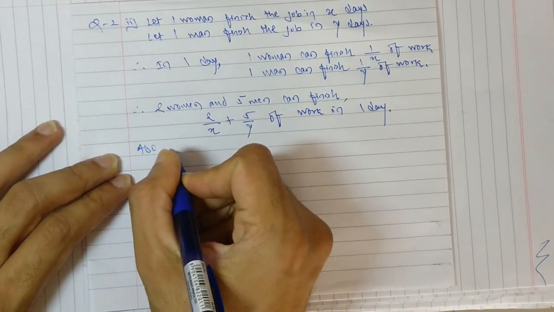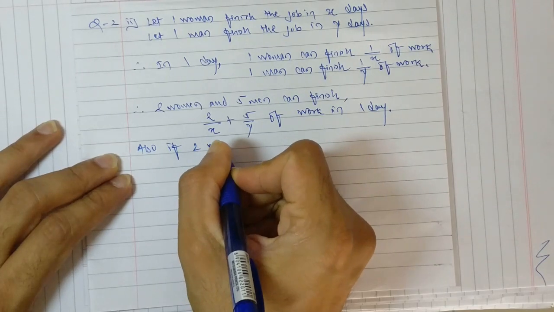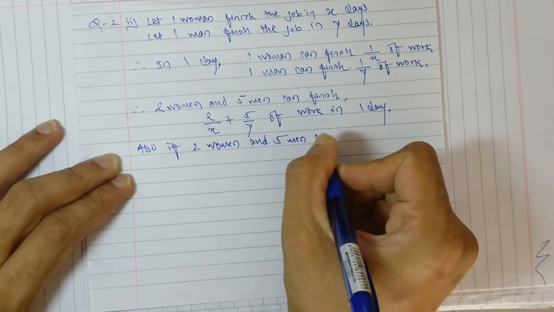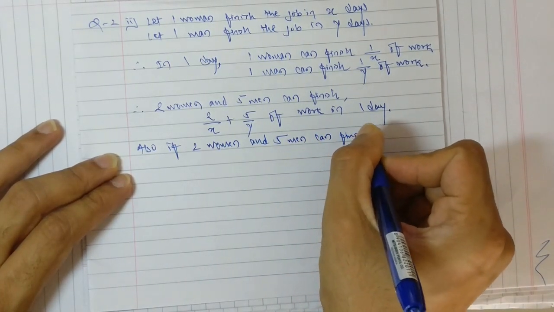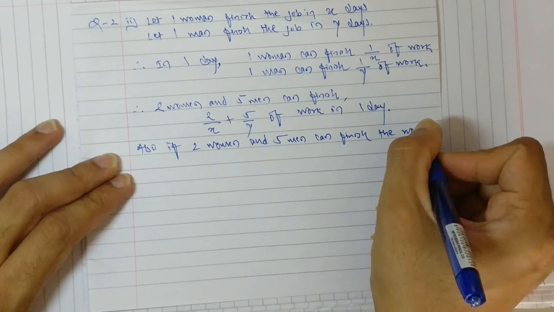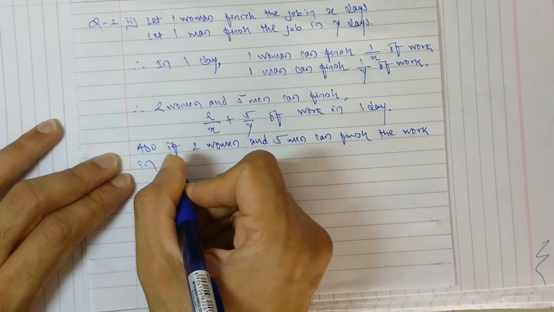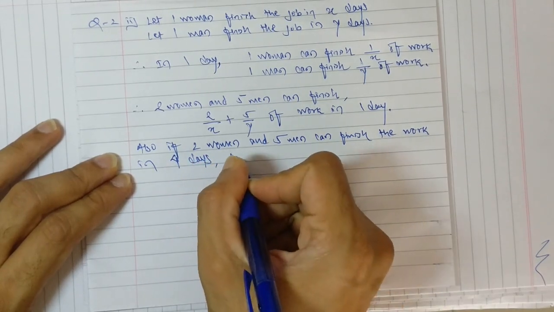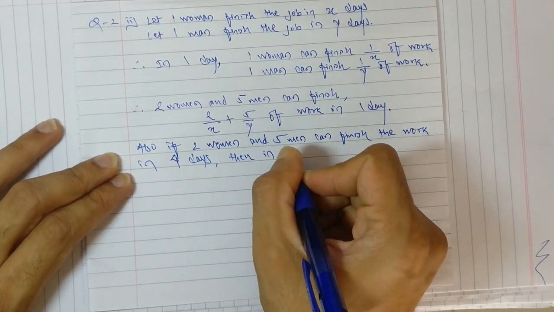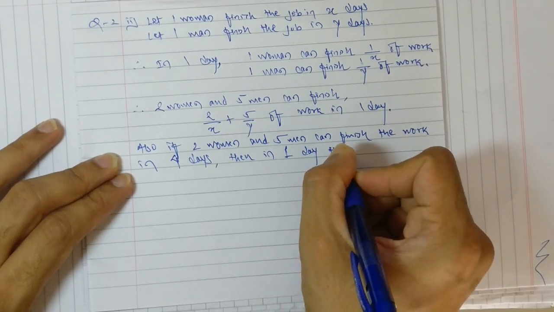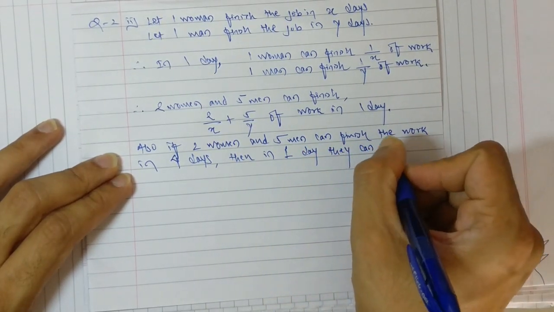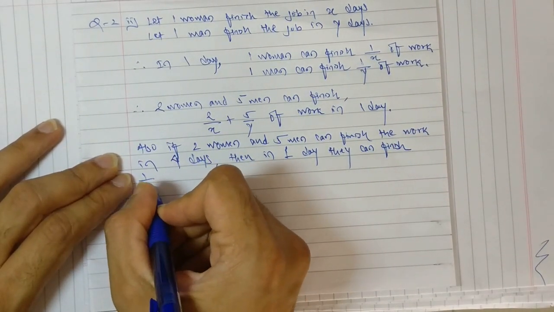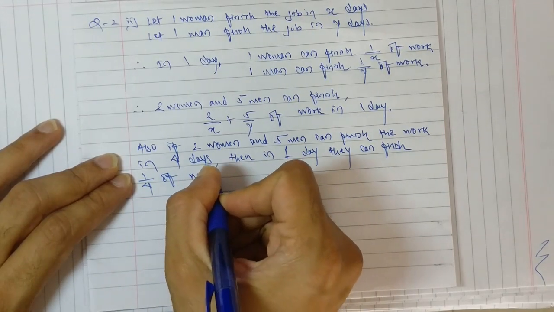And now 2 women and 5 men take 4 days to finish the work. Also, if 2 women and 5 men can finish the work in 4 days, then in 1 day they can finish 1 by 4 of work.